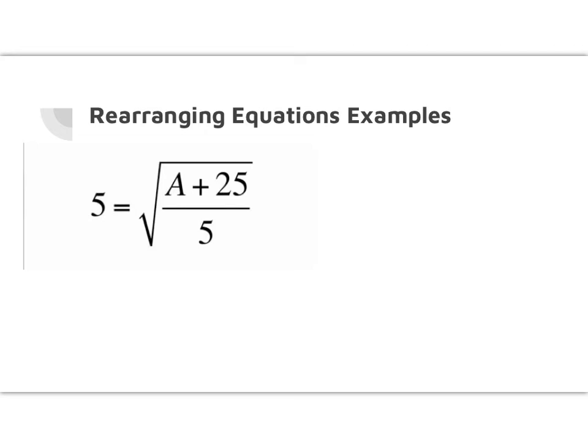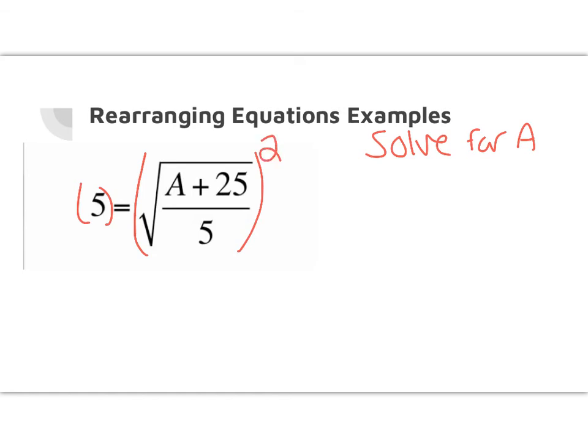All right, so let's take a more math-style rearranging equation. So we are going to solve for A. So the first thing I'm looking at, well, I have a square root. The opposite of my square root is my square. So let's square both sides. So I'm going to get 25 equals A plus 25 over 5. So if you think about PEMDAS, the next is division and multiplication.